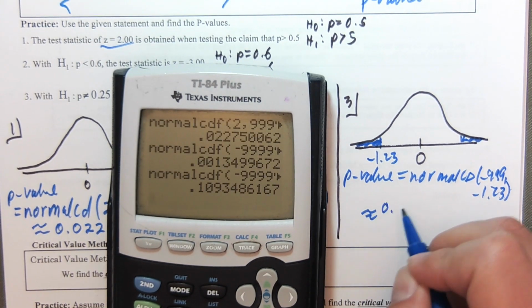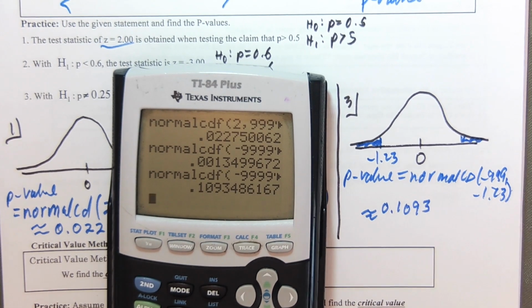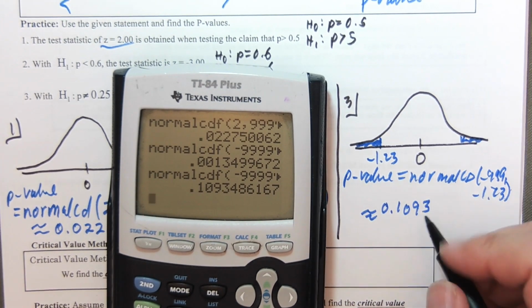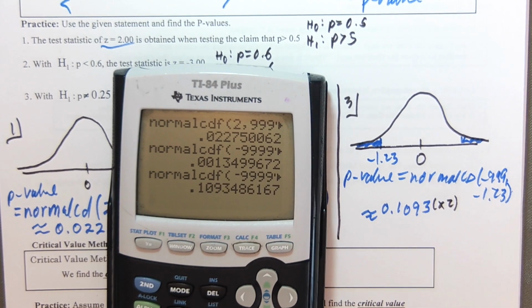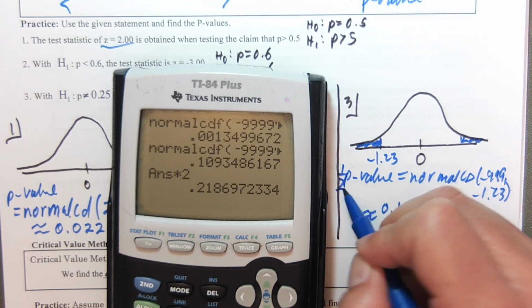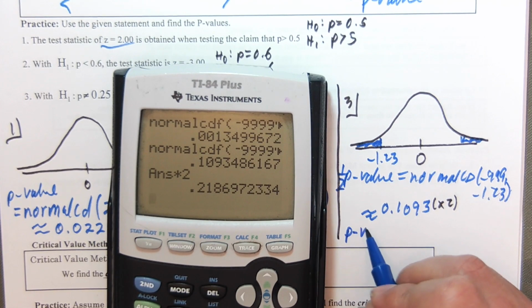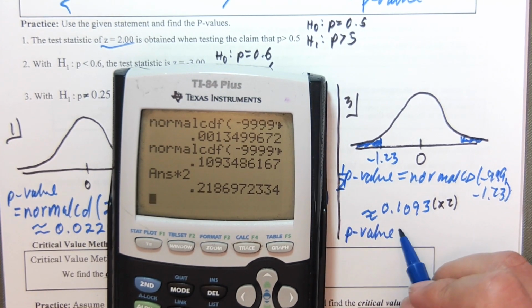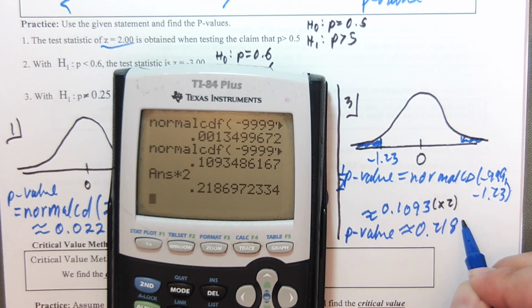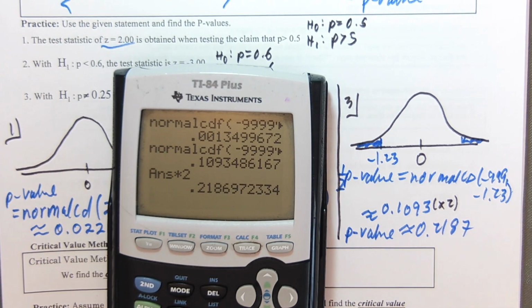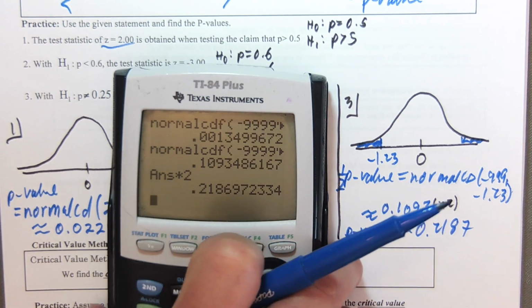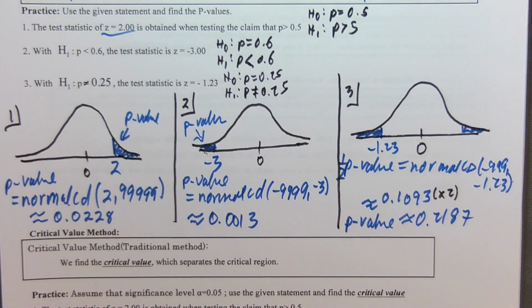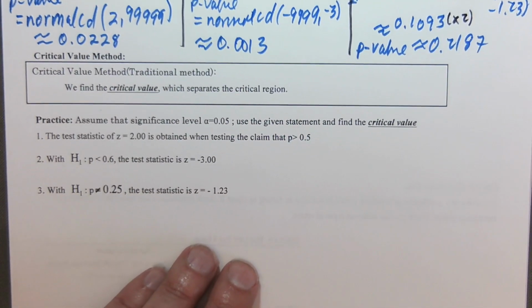Now this gives us 0.1093, but we have to times 2. So this is actually half the p-value. So the total p-value is going to be about 0.2187. So it's easy to forget that. And I believe there is a test question that does do that. That's using the p-value method.